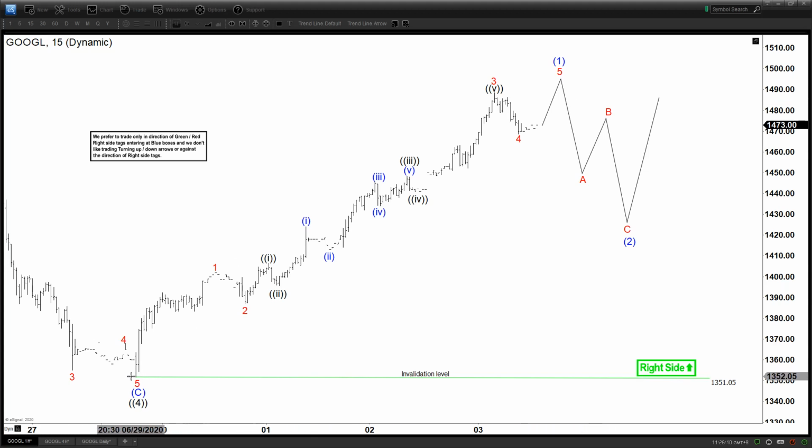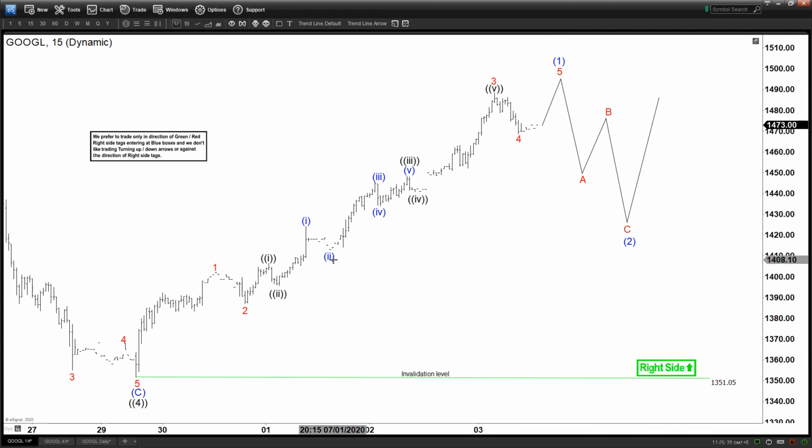This rally up from the 4 will be ending with 1 of 5 over here, and then from there we will get a pullback in 3 waves to correct this rally from June 29th, followed by more upside within the wave 5. So as long as the pullback stays above 1,351, we will be looking at further upside in Alphabet. We do like more upside overall.